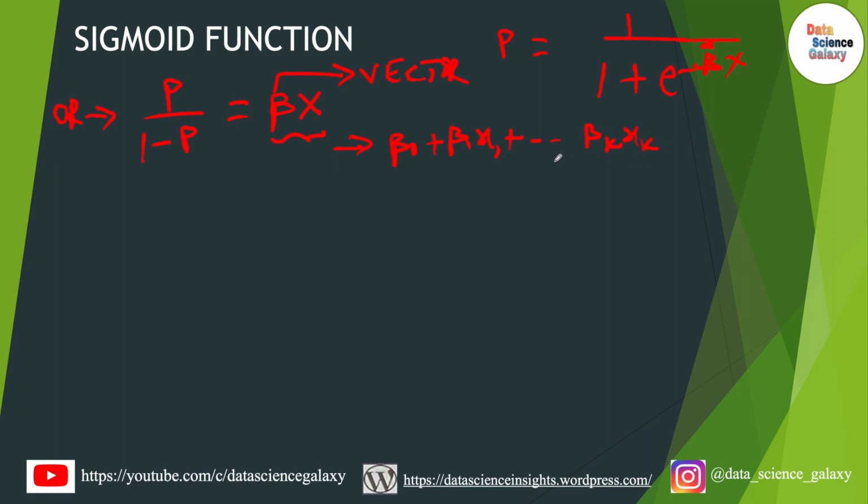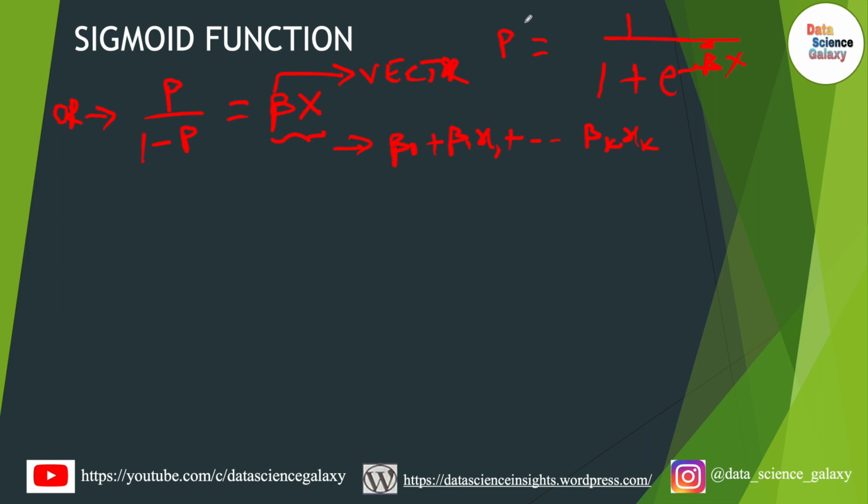So what I've done is taken the odds ratio, that is probability of success to probability of failure, and equated it to some term beta dash x, where beta is a vector and beta dash x represents a mathematical form like this: beta naught plus beta 1 x1 plus beta 2 x2 etc. up to beta k xk. But I have to go from odds ratio to probabilities.